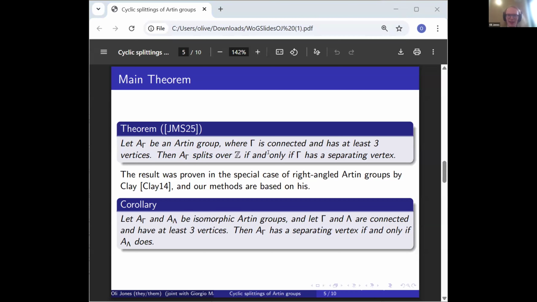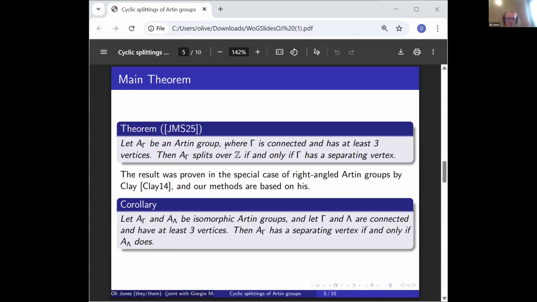Yeah, it does seem like a big jump, and of course we did have to do something more, like Clay's proof doesn't work verbatim. But the thing that you're using here is that 2-generated Artin groups have a center. So if you think about an edge in an Artin group, then you can think about subdividing it by introducing the center in the middle. And then the consecutive things should commute with each other.